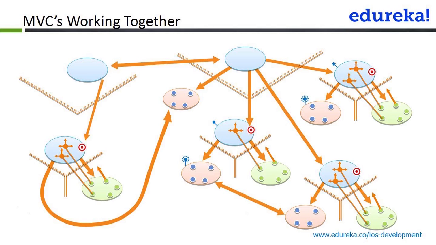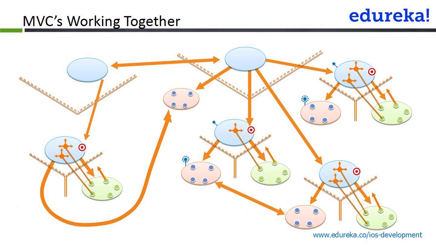So for example, here the color coding remains the same. The blue clouds that you see are the controllers. Within a particular MVC unit, the communication happens via the controller. So the outlet gives a message to the controller, and the controller responds back to the view.